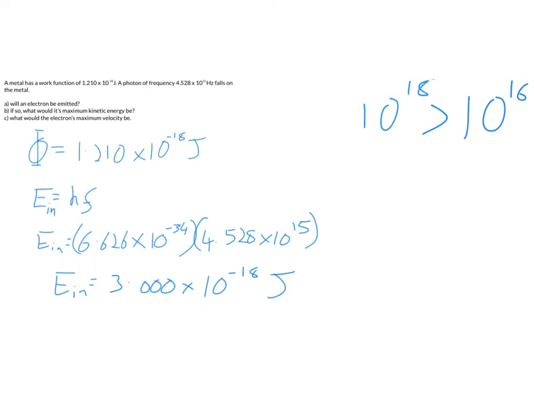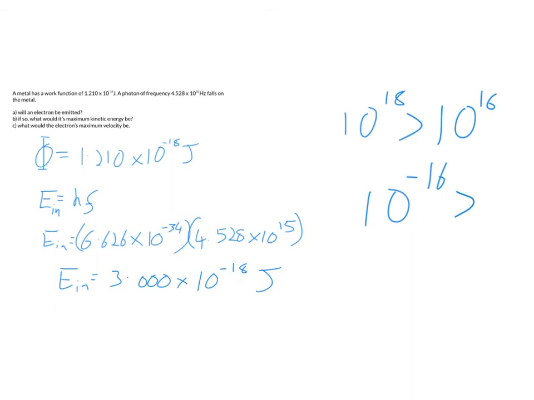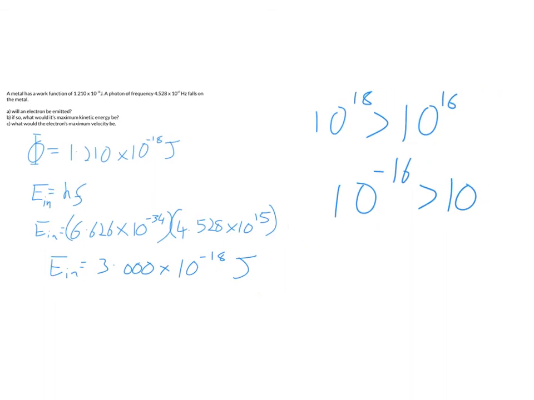Similarly, if you go to really small numbers, anything by 10 to the power of minus 16, for example, will be a bigger number than something by 10 to the power of minus 19. So a good guide is first of all to look at the powers of 10 to see if it's exceeded the work function, and failing that, then we just look at the numbers here and compare them.